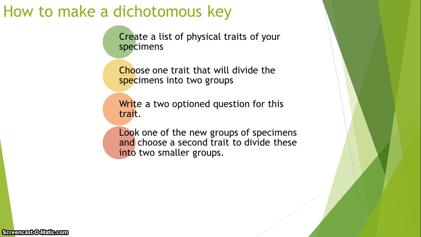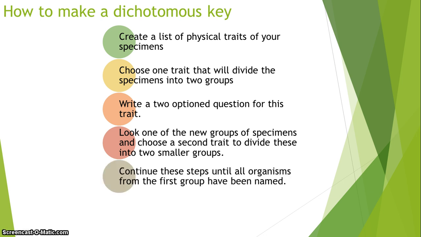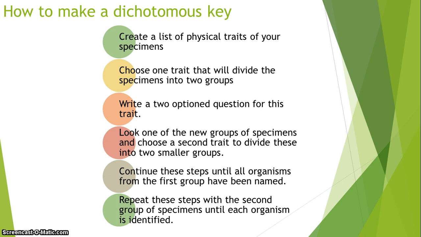You then look at one of the new groups of specimens and choose a second trait to further divide them into smaller groups. You continue with these steps until all the organisms from that group have been named. You can then go back and repeat the steps with the second group of specimens until each organism is identified.